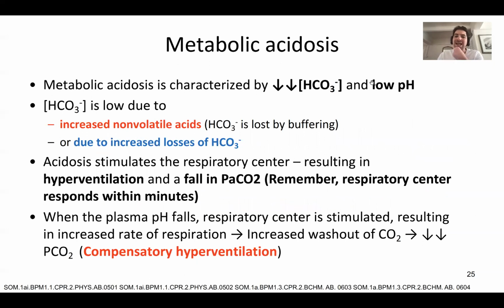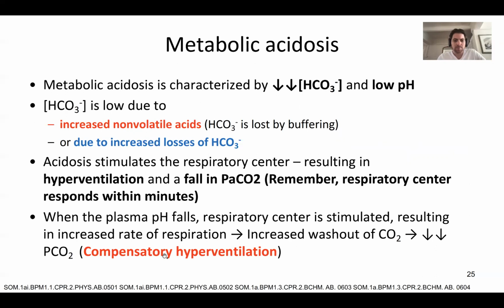Now, metabolic acidosis means you're either holding on to acid or you're getting rid of too much base. So here we talk about getting rid of bicarb, which would lead to acidosis. A lot of times this is due to diarrhea. Diarrhea is the one I talk about here. It'll cause decreased blood volume, but you also lose a lot of bicarb in your diarrhea.